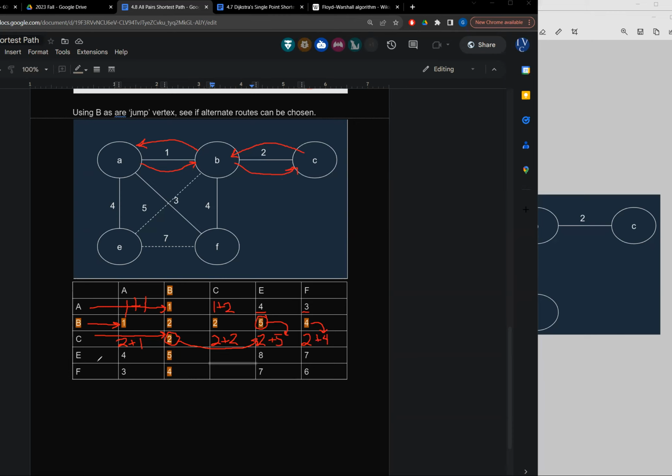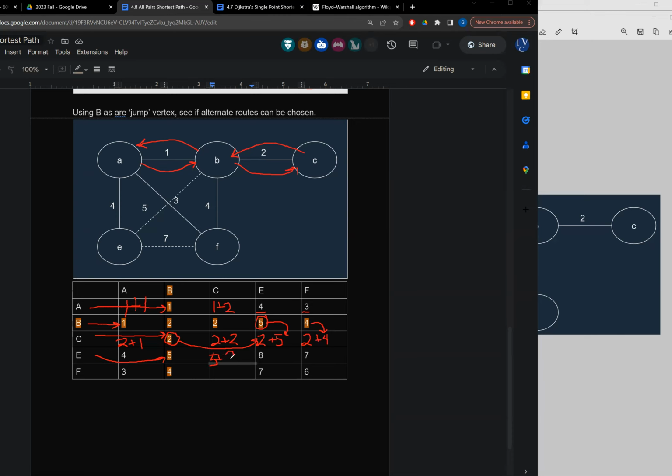Now we got E. E can go to B for 5. 5 plus whatever is not less than 4, so don't worry about it. 5 plus 2 is less than nothing. 2.